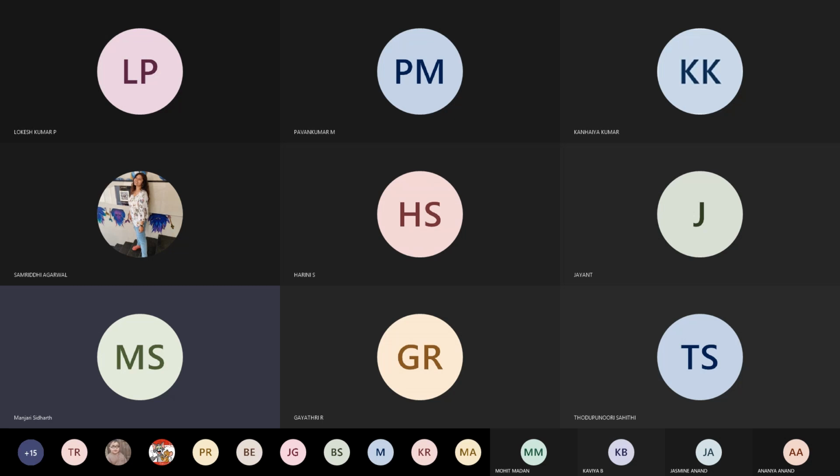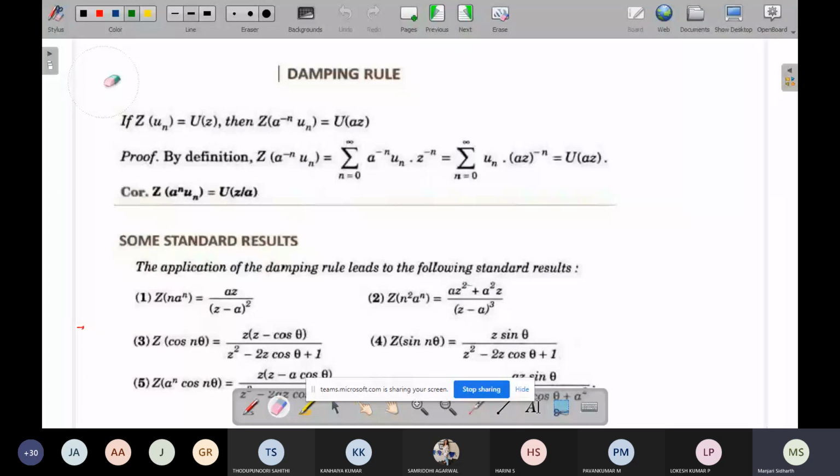So we'll continue our lecture on Z transform. Let's start. So in the last class, we have discussed up to here.